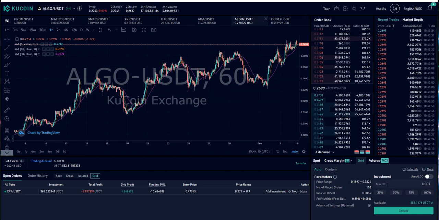Notice right here, it says minimum of 30 cents or $30. So my available in this account is 552, because I also have some orders in on the spot to buy some algo. So I think we're going to throw 500 in here just to see.